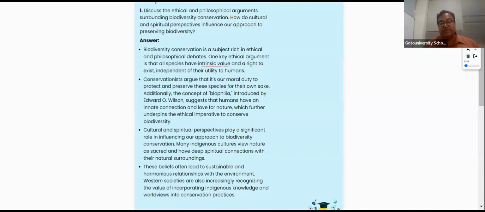and a right to exist independently of their utility to humans, species have intrinsic value. What do you mean by intrinsic value? Any one of you can say. I'll give an example for you.